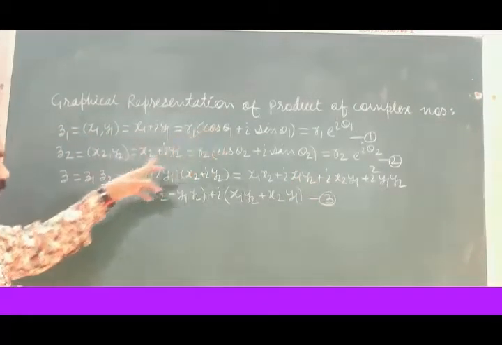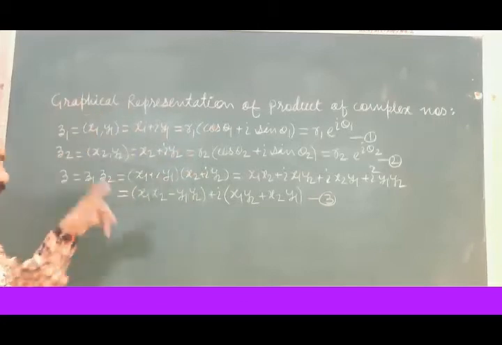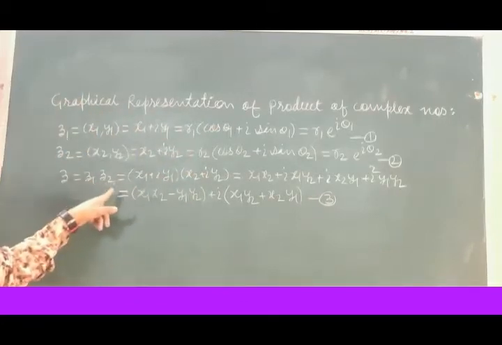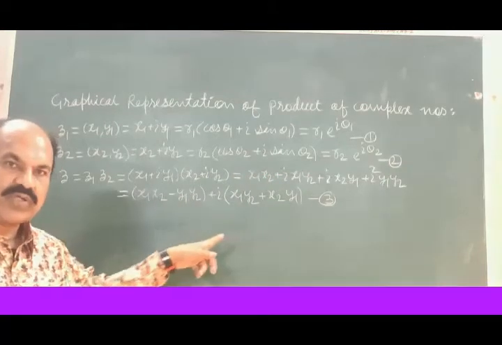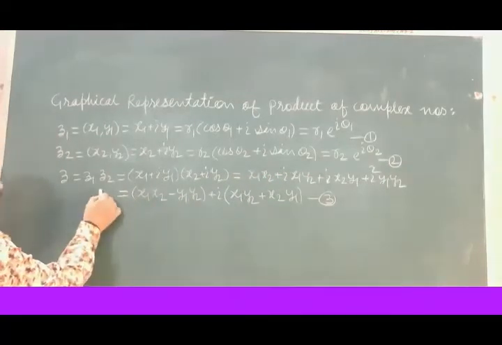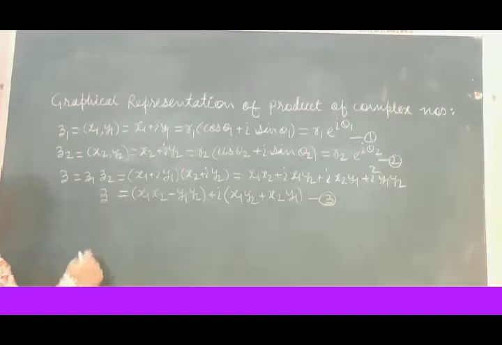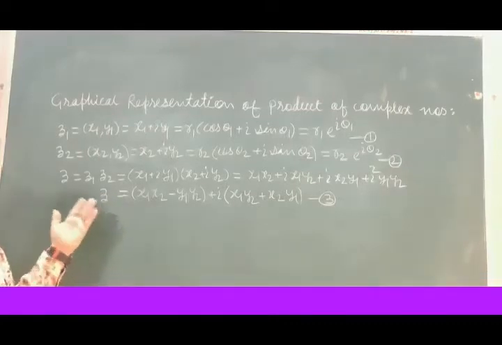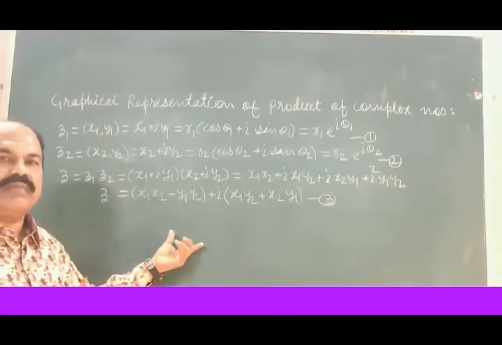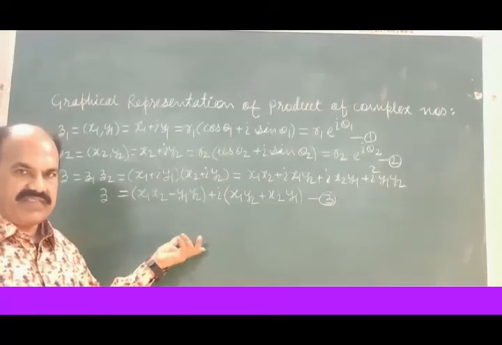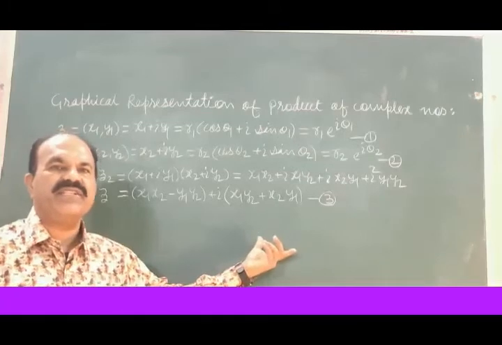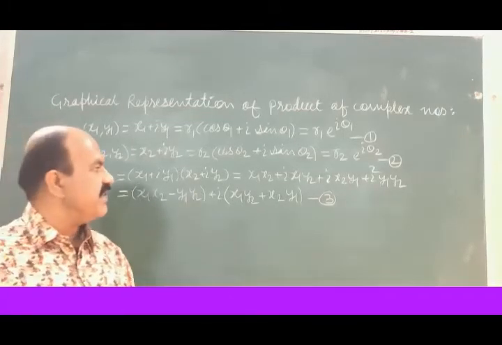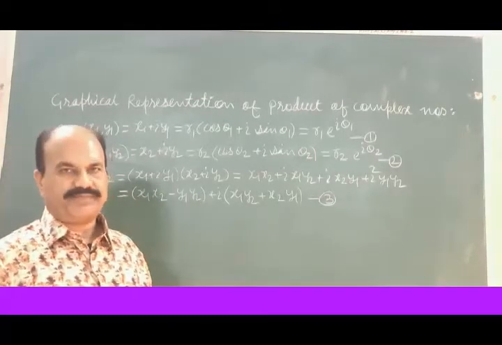First complex number, second complex number, product of these two complex numbers, simplified form of product of these two complex numbers: z equal to z1 into z2 equal to, in one bracket the real part x1 x2 minus y1 y2, plus I into, in the second bracket, the imaginary part x1 y2 plus x2 y1.